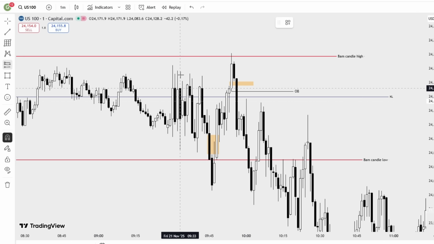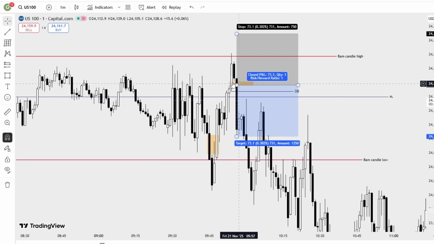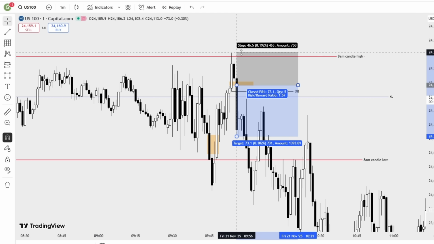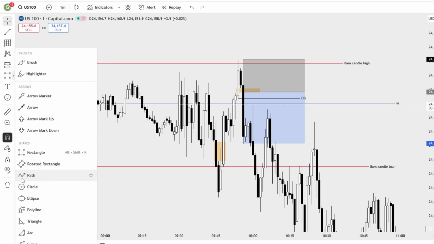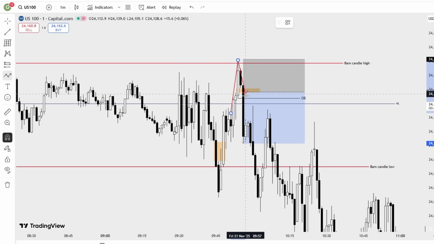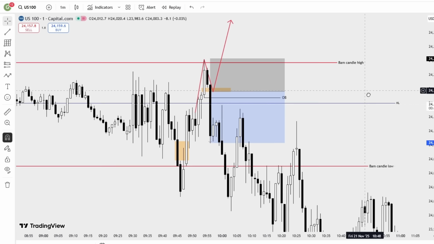Knowing this, you just put your stop order right here, expecting price to break this inverse fair value gap. This is your first option. It's more risky because price can just do this and go there, but it's a risk market, right?